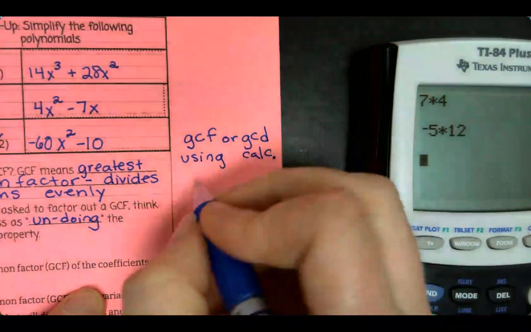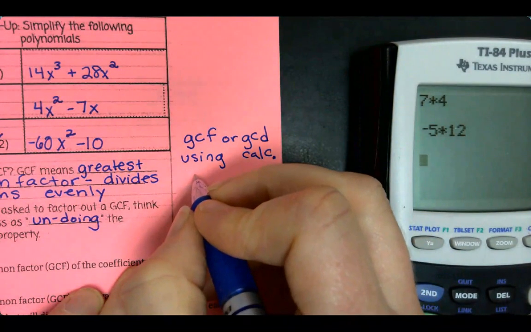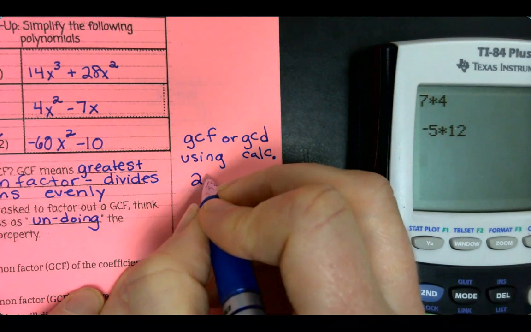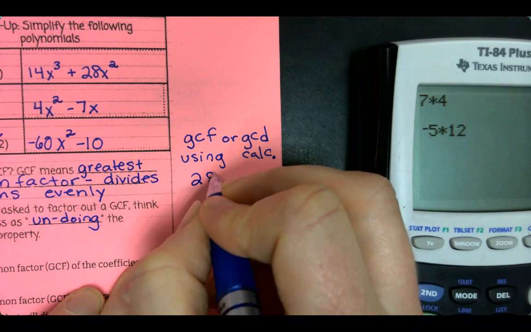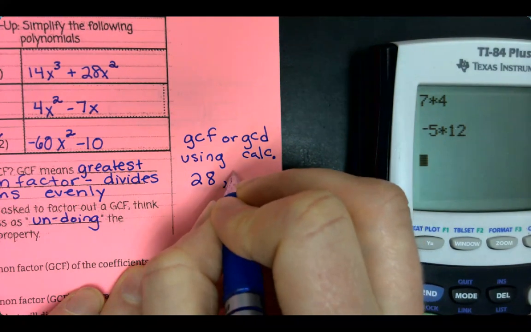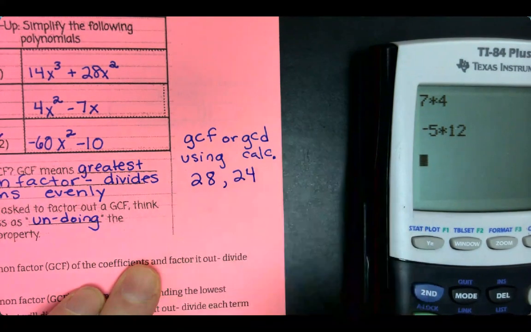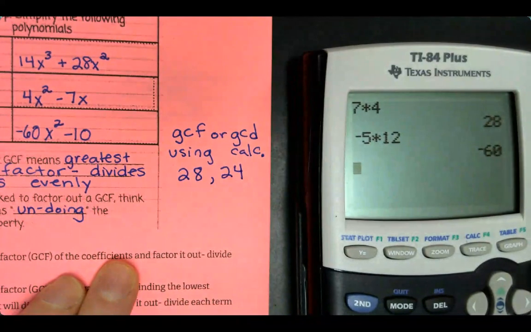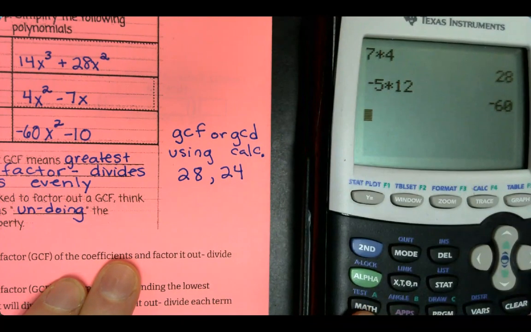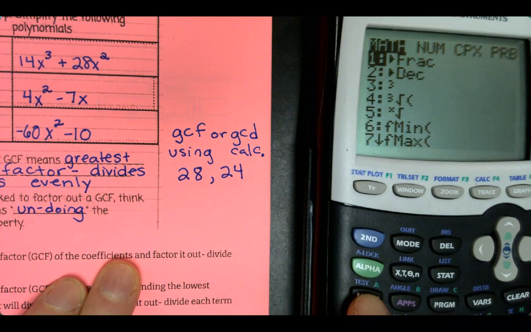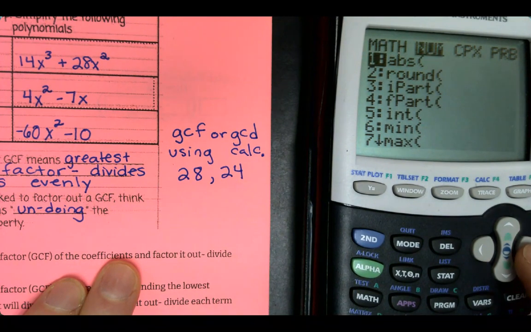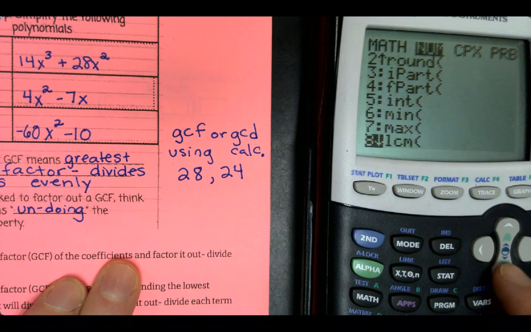So let's say we have two numbers. Let's say we have 28 and 24. We want to know what number divides both of those evenly. So we can actually use our calculator. So you're going to go to math right here. Go over to number and find GCD.